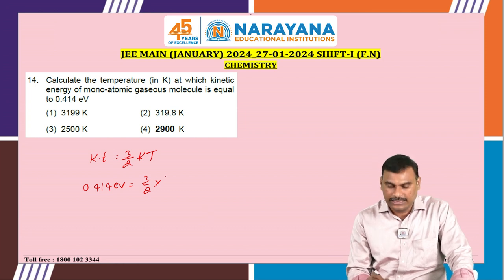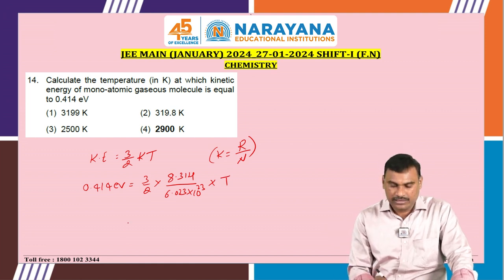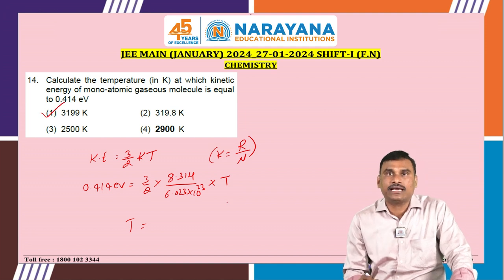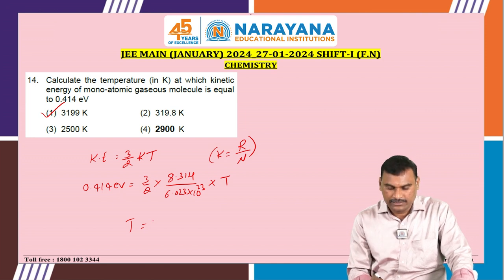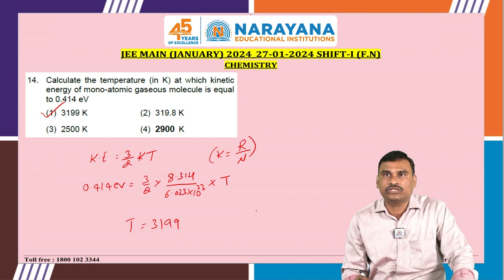For a molecule, that is R, 8.314, divided by Avogadro number 6.023 into 10 to the power of 23, since K is equal to R by N, and the temperature T. After solving, you will get the temperature value nearly 3198.7 kelvins. Therefore, the answer should be 3199, which is the matching option for the given question. So this is the question from states of matter.